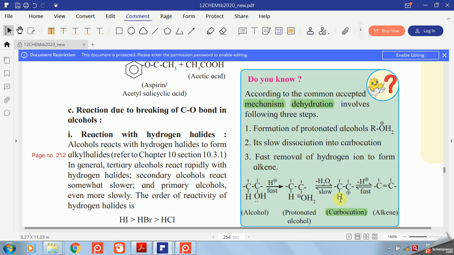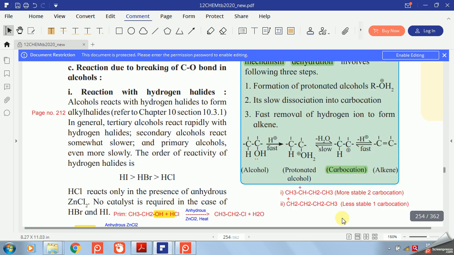Okay, first OH is protonated, then OH2 is removed and we get a carbocation, and then hydrogen is removed from the beta carbon, so the name of the reaction is beta elimination, and the electron pair is used by the first carbon and second carbon to form a double bond. Hydrogen goes without electrons, so minus H plus, we get your alkene. So this is our mechanism.